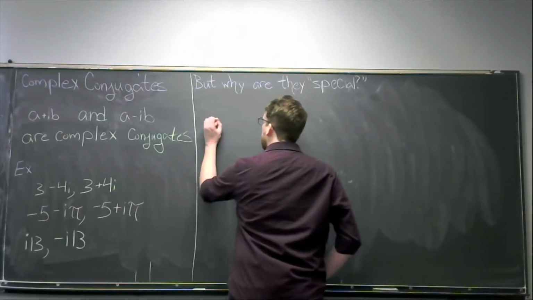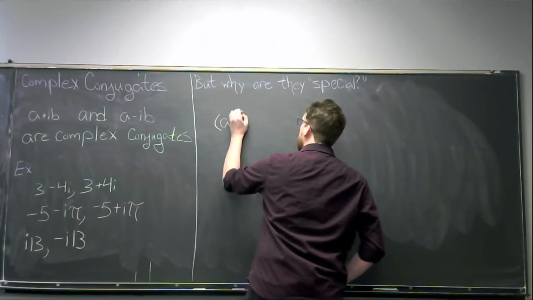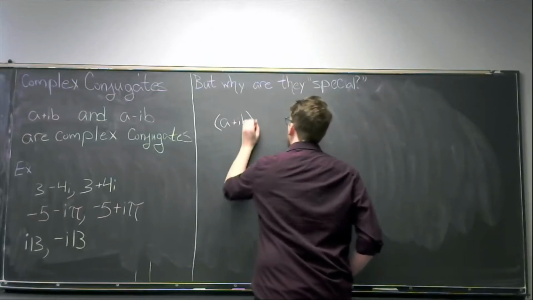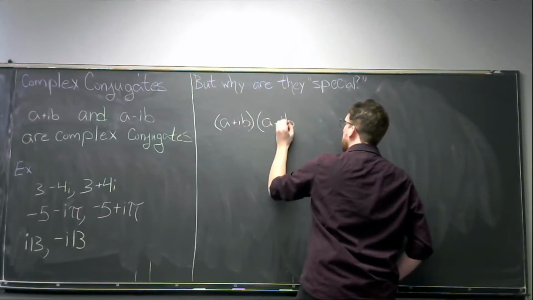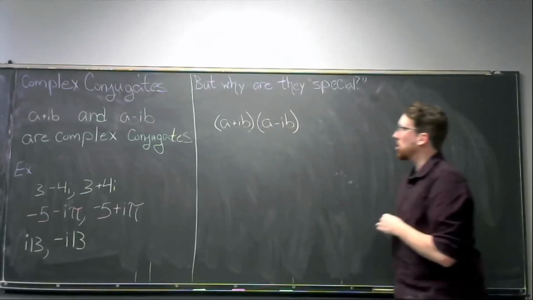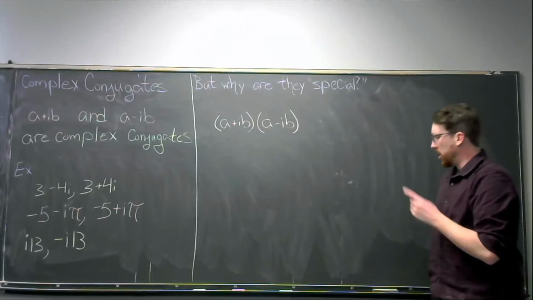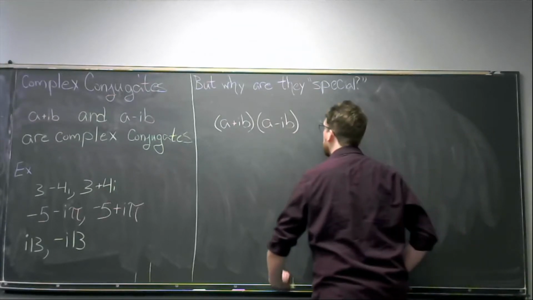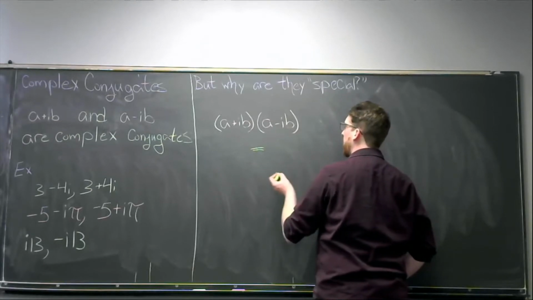I'm going to take these two values, a plus ib and a minus ib. I'm going to multiply them together. Okay, well, just like before, I'm going to use that whole FOILing thing.